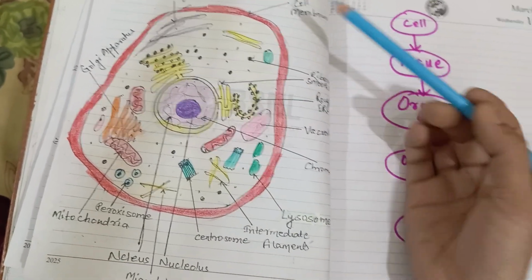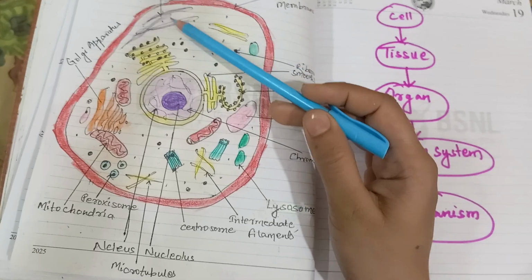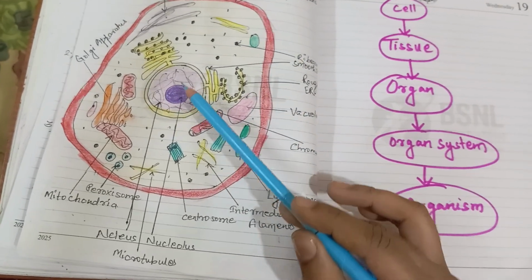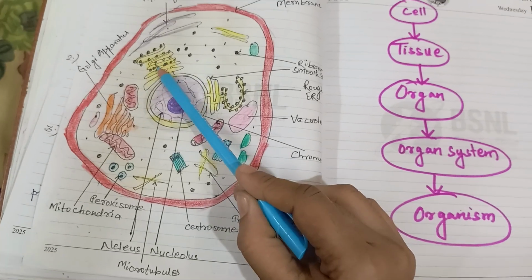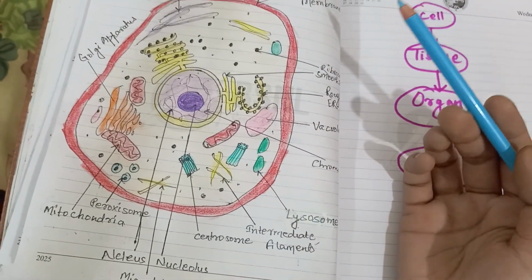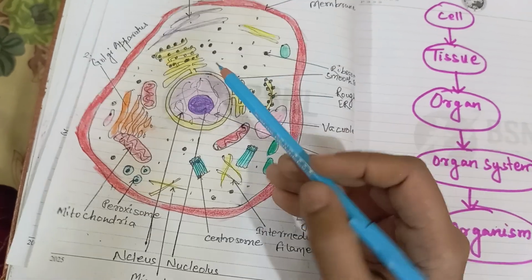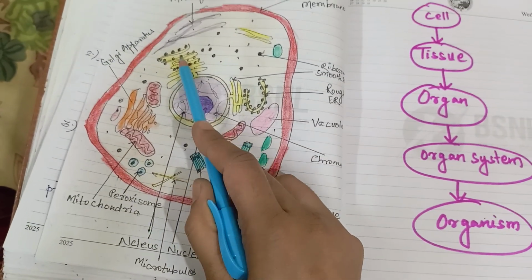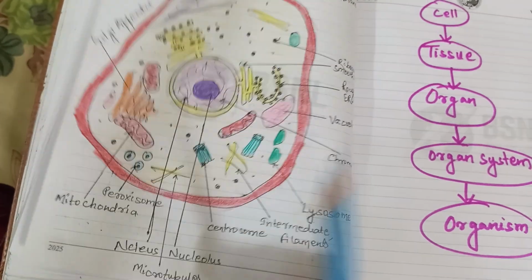It has various components like the cell membrane, microfilament, Golgi apparatus, nucleus, and the endoplasmic reticulum. The endoplasmic reticulum is further divided broadly into two categories: one is the smooth endoplasmic reticulum, and the other is the rough endoplasmic reticulum.